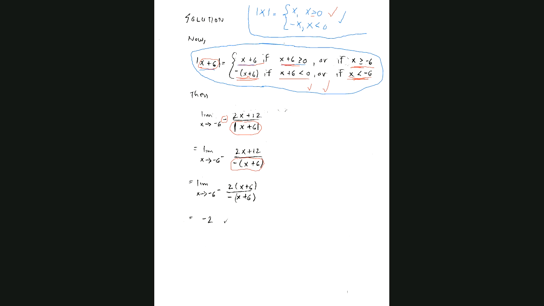And this allows us then to simplify the limit. We factor 2 out of the top. The x plus 6 is simplified. And you get negative 2.